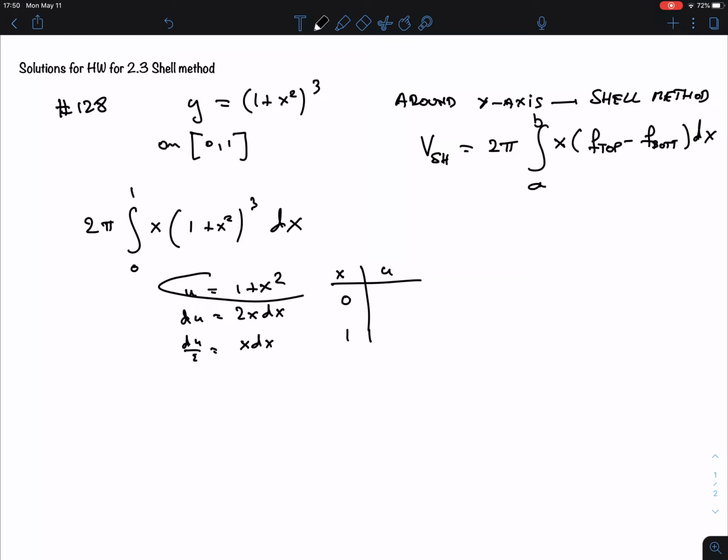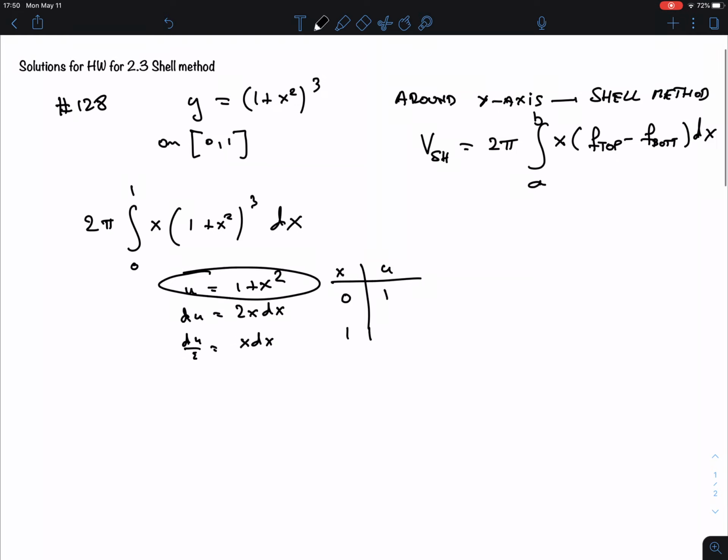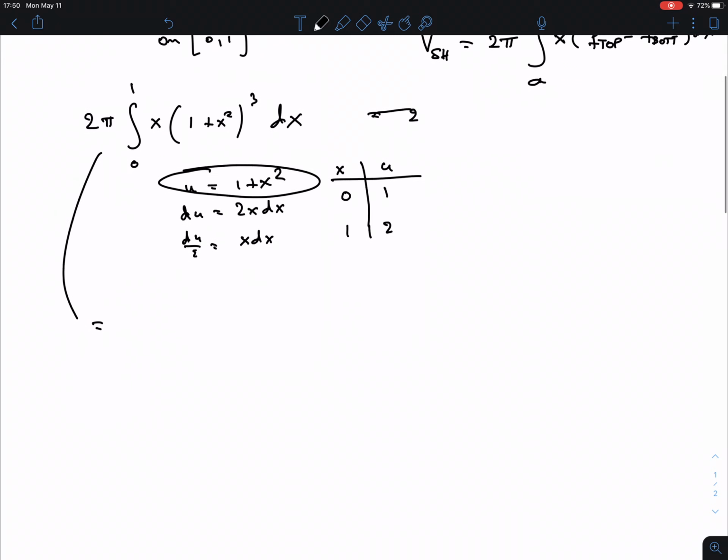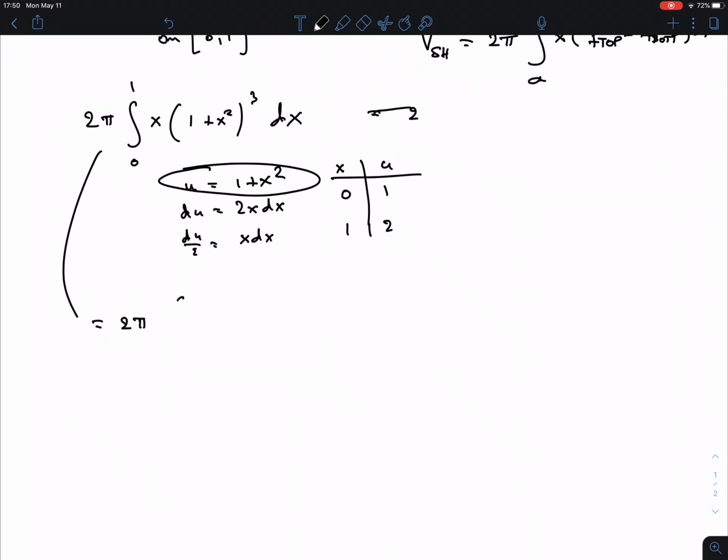That means if x is 0, then u is 1, and from that equation we see that if x is 1, then u is 2. Okay, so this means now we can replace everything. This is equal to 2 pi, the integration now from 1 to 2. I use the u endpoints now.